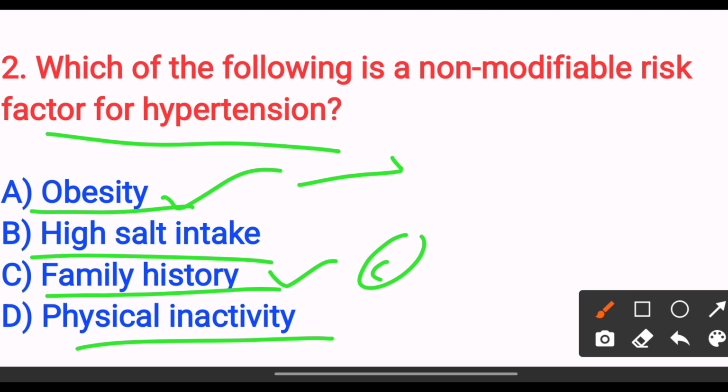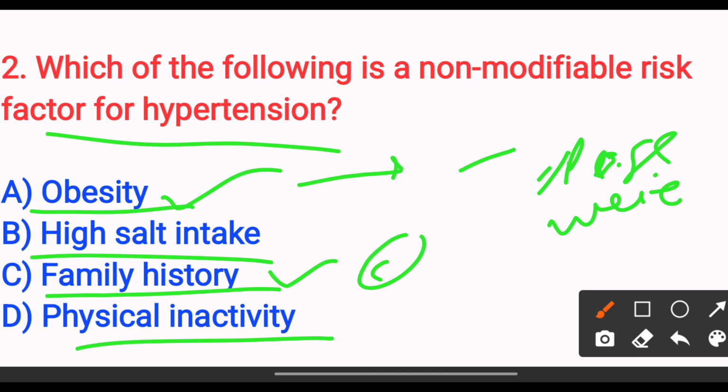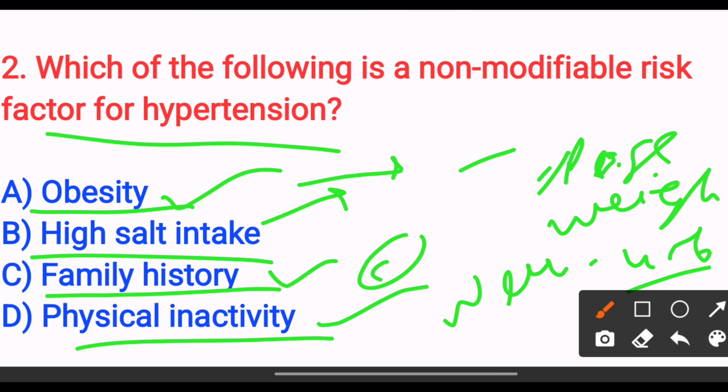Obesity you can modify, you can lose your weight. High salt intake you can control. Physical inactivity you can change by doing physical activity 4 to 6 hours within a week. So the answer is option C.